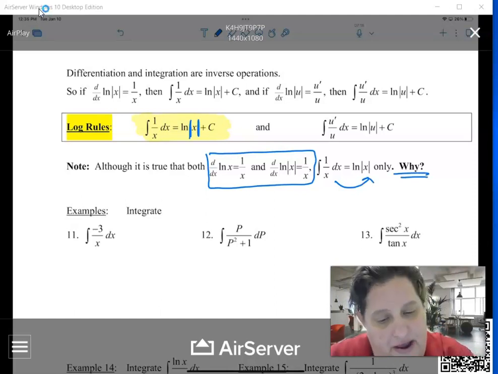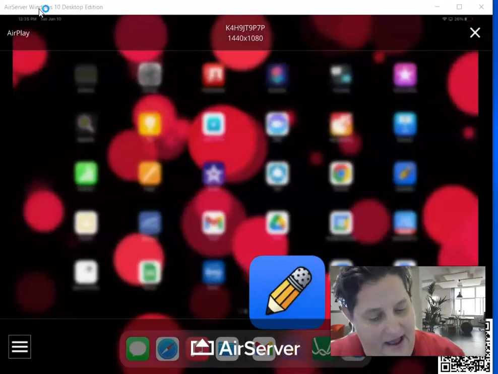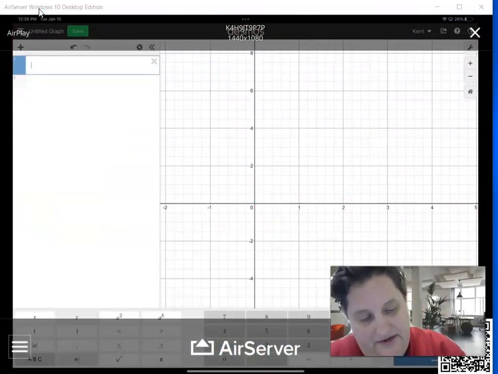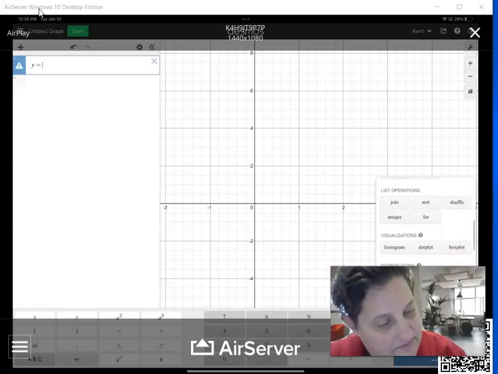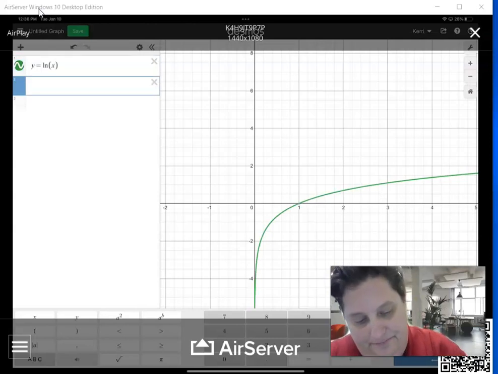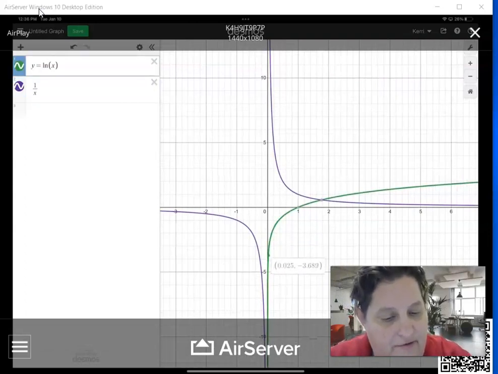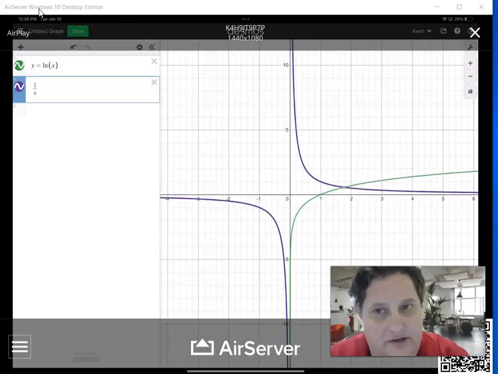Well, it's basically because there's a domain restriction, you guys. If I have this is ln of x, okay? And this is 1 over x. Okay, so the problem is that my function is only defined on values bigger than 0, whereas the derivative is defined on both sides of the graph.